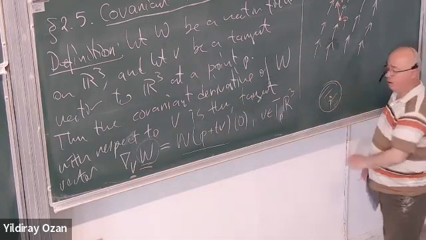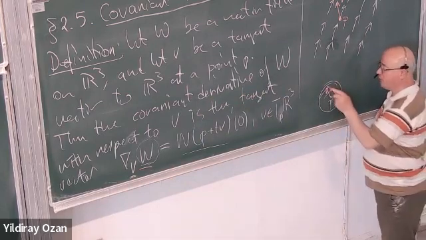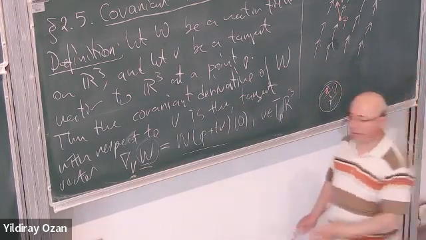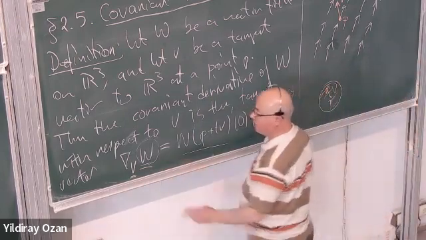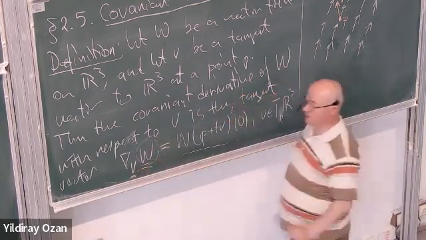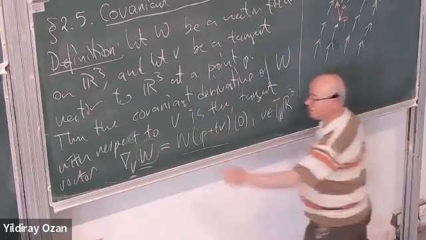It is enough for me that the vector is defined at a single point. That's why I take V to be a single vector at a point, but W a vector field.